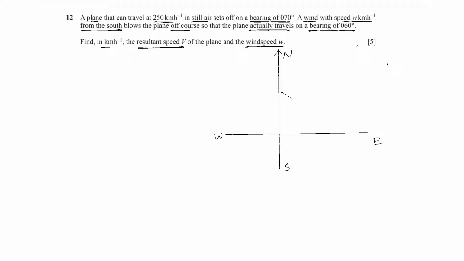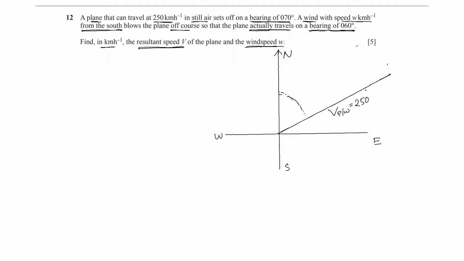Now again I need the 70 degree angle, which was the bearing of the plane when the plane goes in still air. So this is the direction of the velocity of the plane relative to wind, and its magnitude was 250 km per hour.